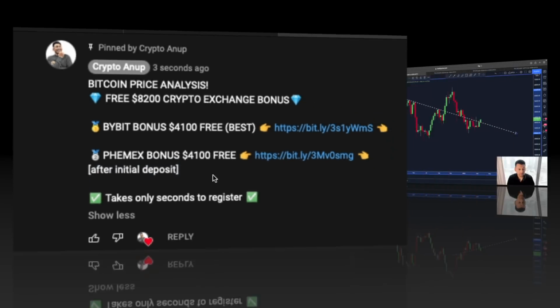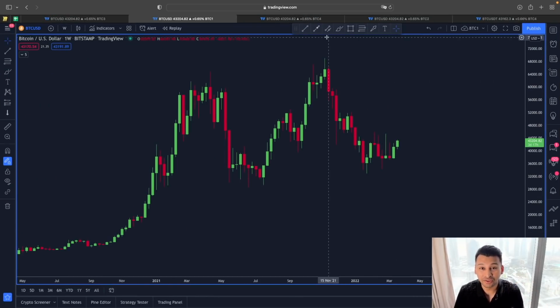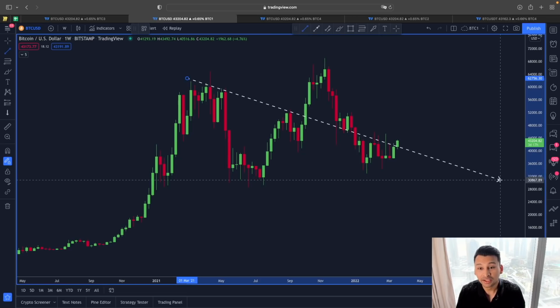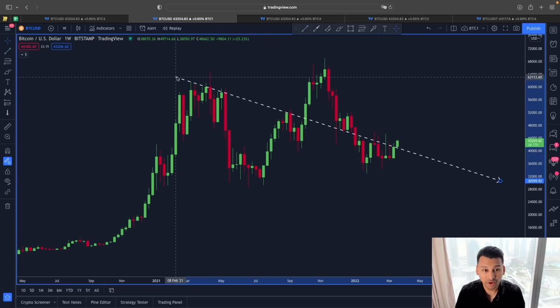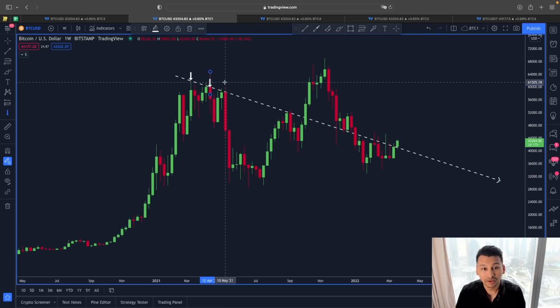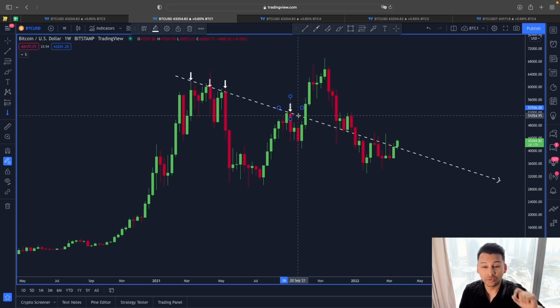Now let's switch the chart. So now let's look at this price action in a weekly time frame, because in a weekly, if you simply follow this falling trend line, this falling trend line has played a very important role here in the price action of Bitcoin. Because if you look at this movement, whenever the price of Bitcoin has retested this falling trend line, this falling trend line has acted as a strong line of resistance.